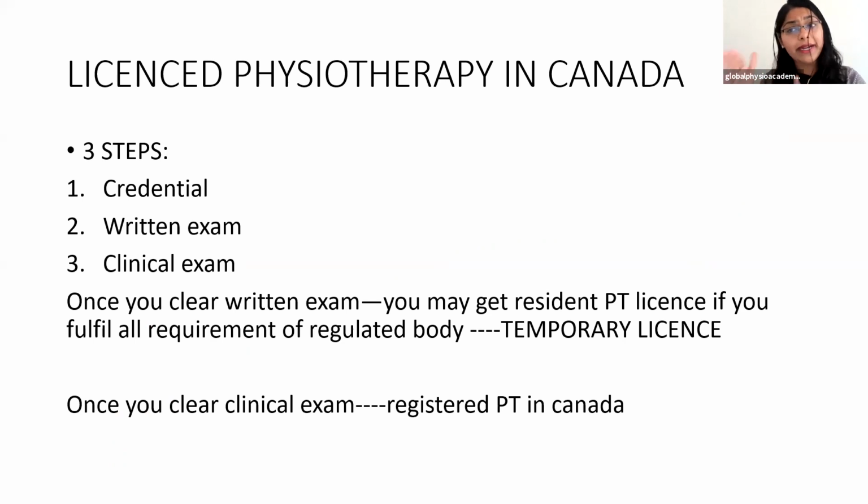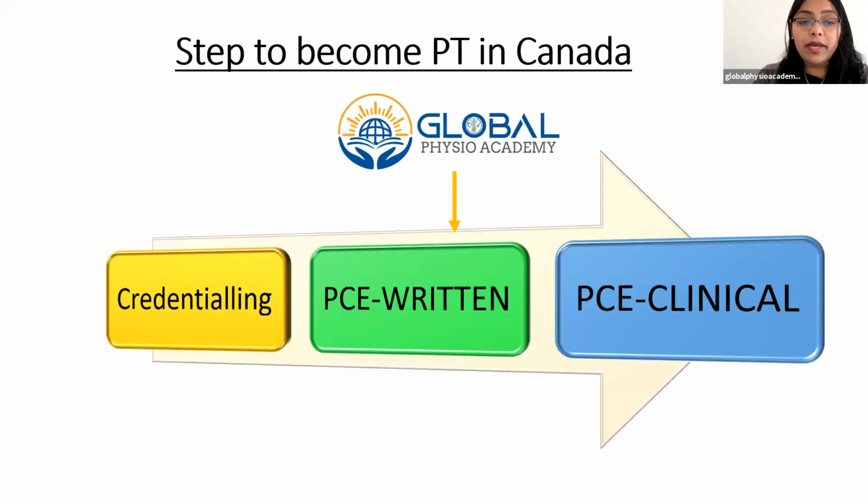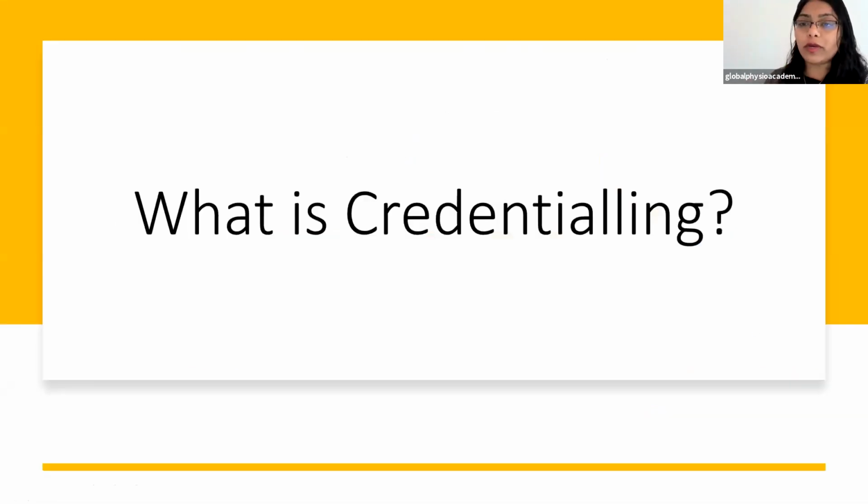And then once you clear your practical exam, that is a clinical exam, you become a registered PT in Canada. Now here, credential, PCE written, where my Global Physio Academy will definitely help you, and the PCE clinical. So this is your path. Everyone has to follow this path. No one can skip.